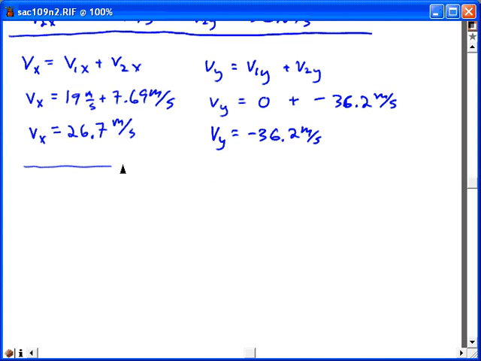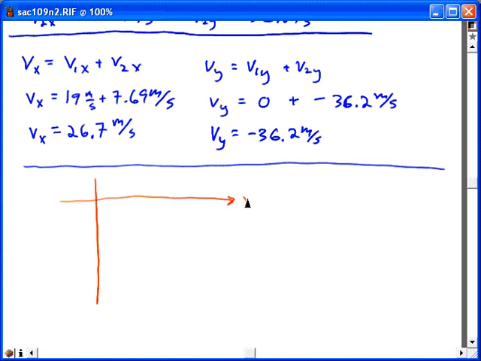We're supposed to do a vector component diagram and establish the total vector in magnitude and direction. So we'll get the x direction, the y direction. We'll get a vector component diagram that looks like this.